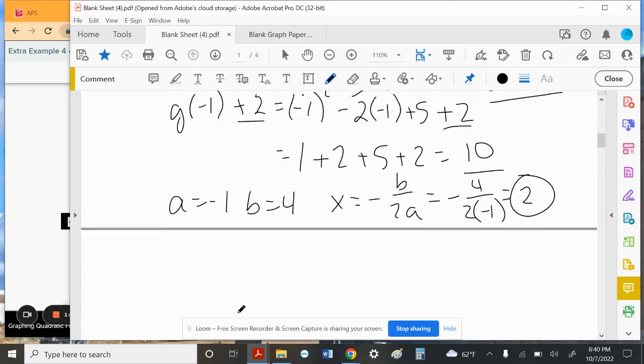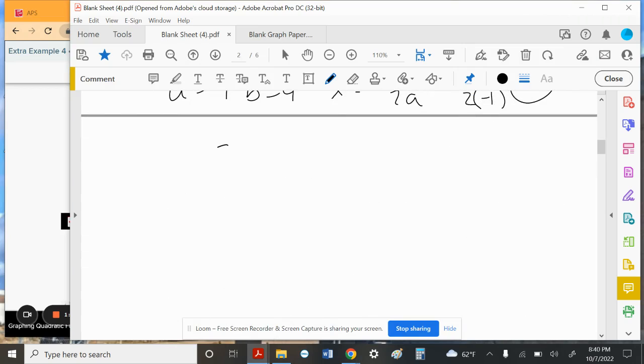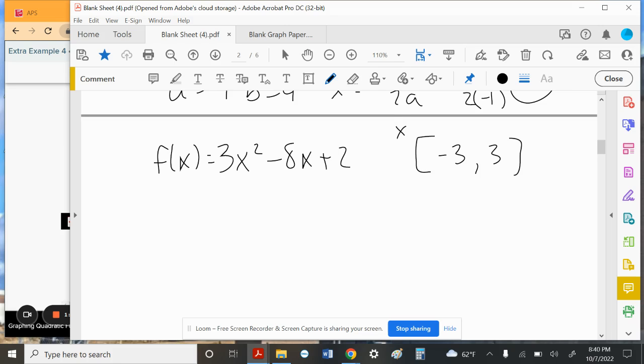So there's my function, and we are trying to figure out the interval of negative 3 to positive 3, and that again is dealing with the x values. So we are going to calculate those.